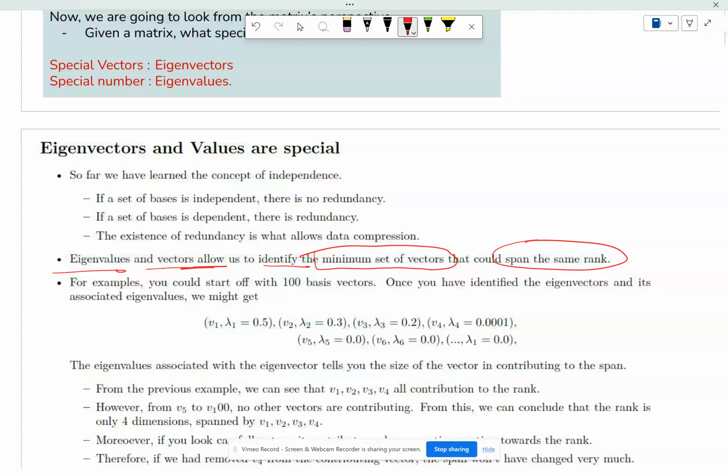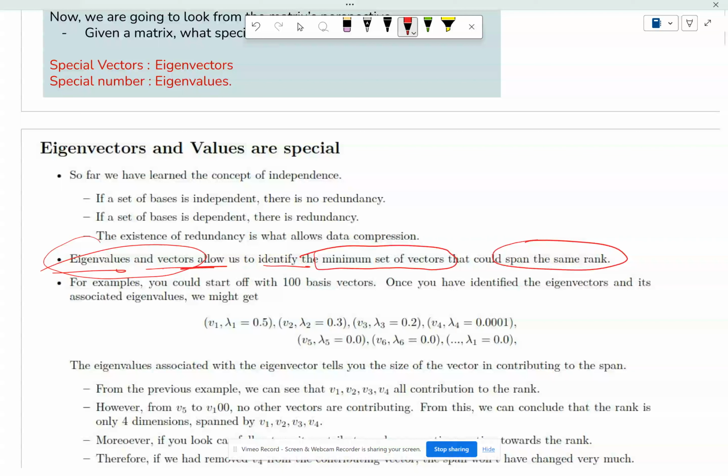If we have a bunch of vectors, we don't know which ones are redundant, but once we find the eigenvalues and eigenvectors, we know exactly what the minimum orthonormal basis is that spans the necessary space.